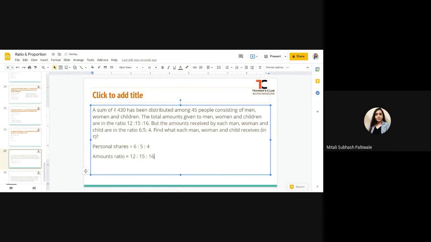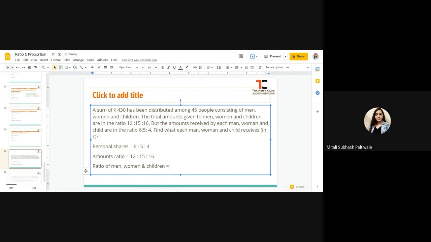Now here, 45 people. So out of those 45 people, how would we be calculating? Ratio of men, women, and children.